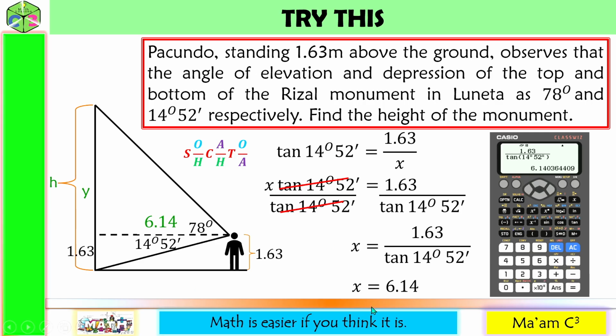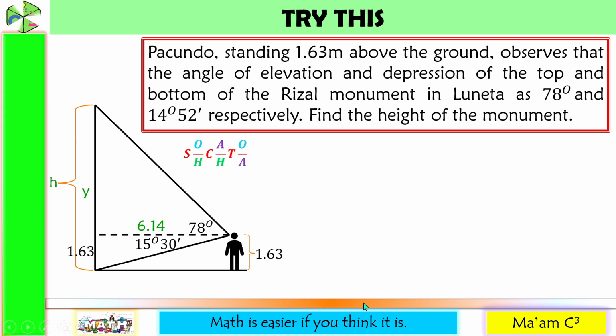Allow me to remove all of this and I'll continue. Now I'm going to make use of this angle. In reference to this angle, this side, y, is the opposite and 6.14 is the adjacent side. So again, tangent 78 degrees is equal to y divided by 6.14.